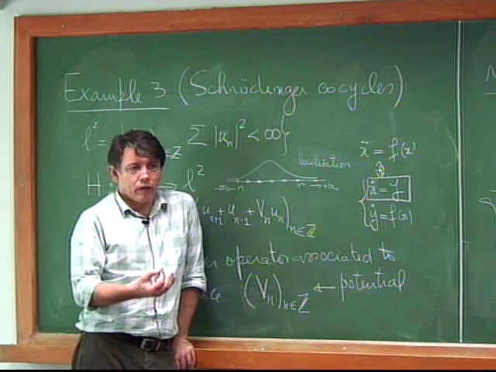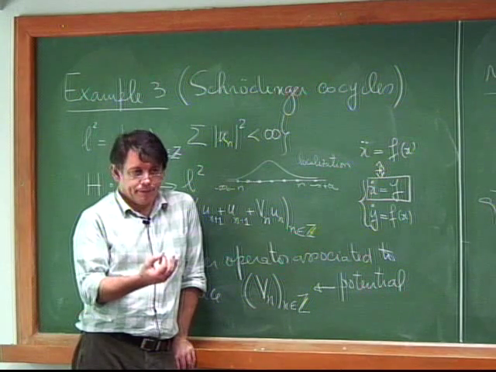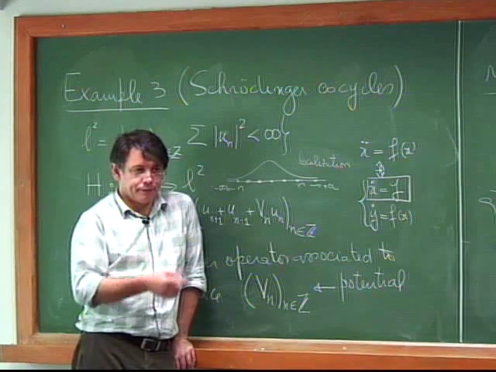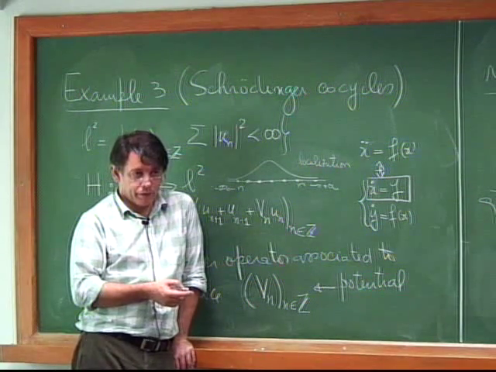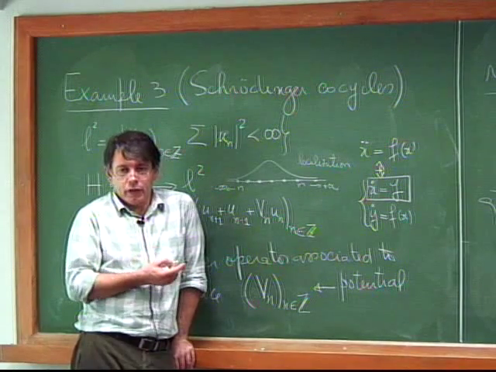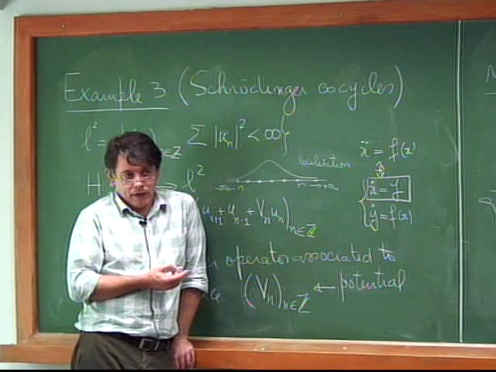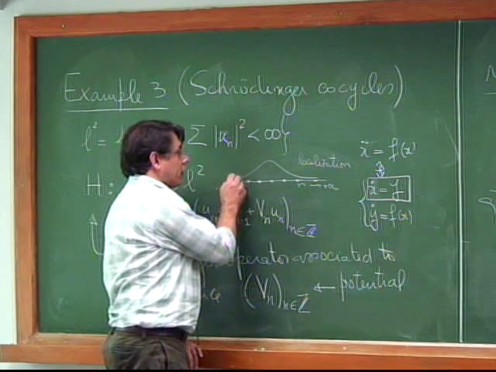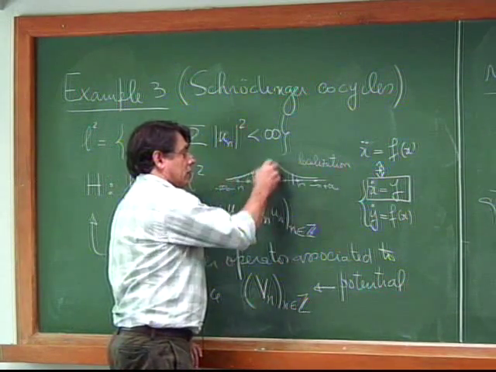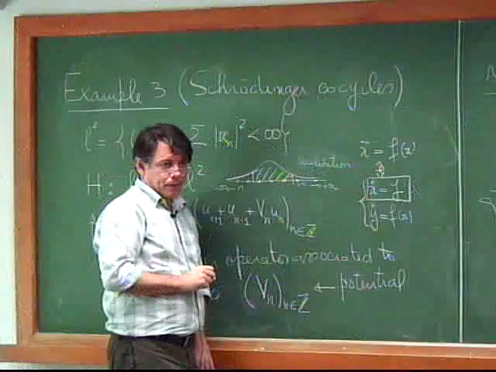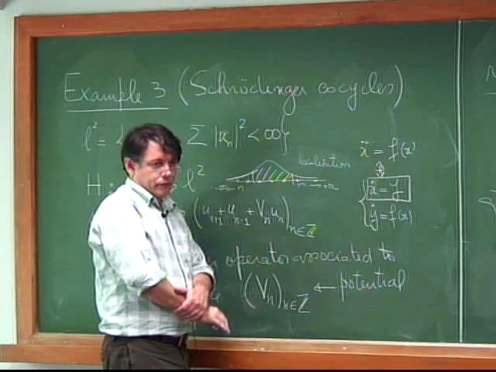They don't have a well-defined place. You cannot say electron number 17 is here because of the uncertainty principle. Any particle is essentially anywhere in the universe. But if you are able to say that it is most likely in a certain region, then you speak of localization. When you localize your particle.